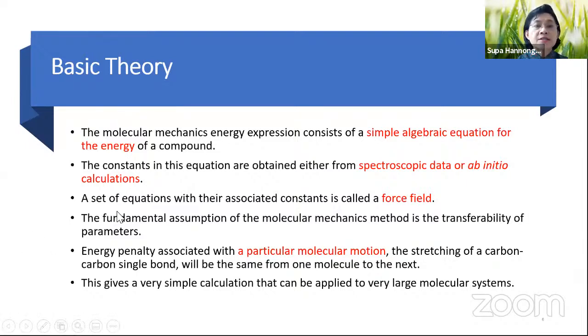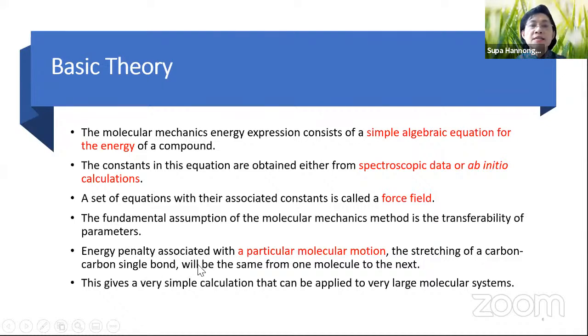And the whole set of equations, we call the force field. Sometimes the fundamental assumption of the molecular mechanics method is the transferability of the parameters. Like we look at atoms as ball and stick, okay? Sometimes we look at the whole picture altogether based on the parameters.